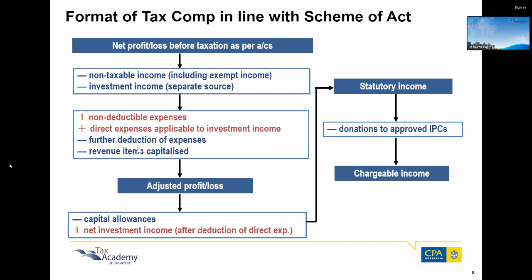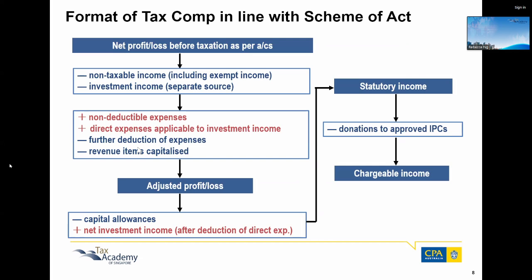We will also exclude the investment income and any expenses applicable to the investment income. Then we less off the further deduction of expenses and revenue items capitalized to arrive at the adjusted profit. After all these adjustments, the adjusted profit is actually the taxable trading profit that is subject to tax.